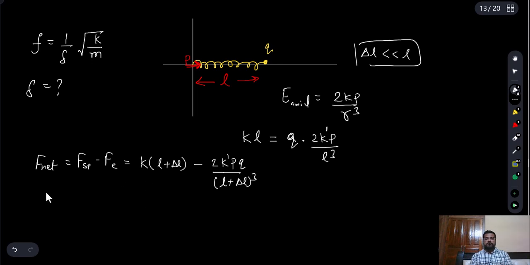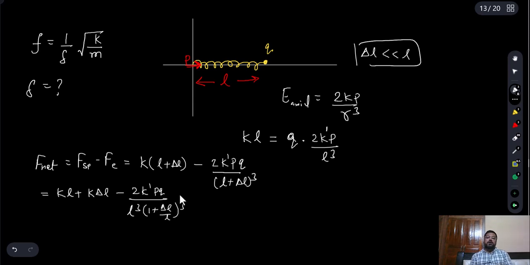So this comes out to be KL plus K delta L minus 2K dash PQ, and if you take out L as common, this is 1 plus delta L over L whole cube.